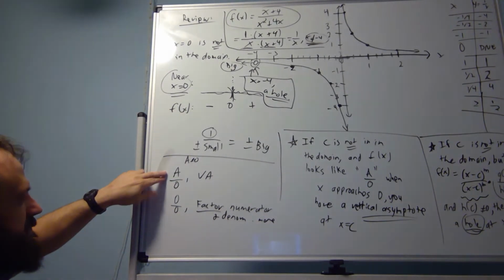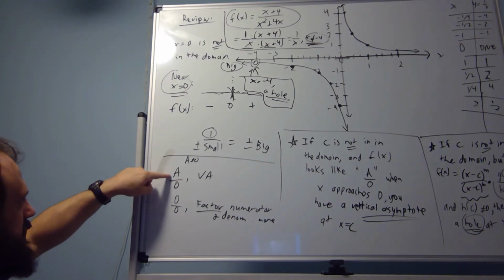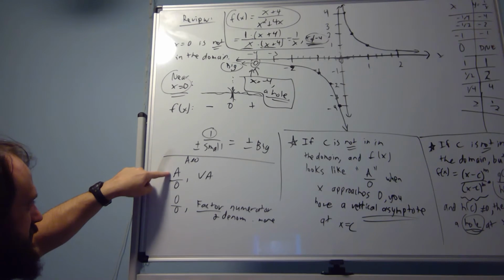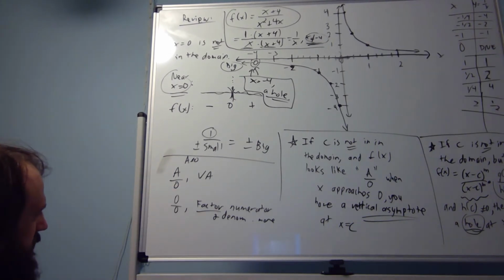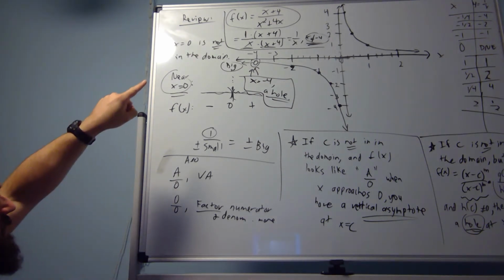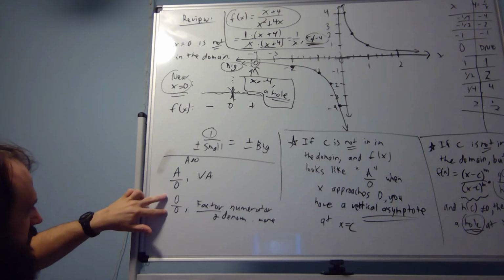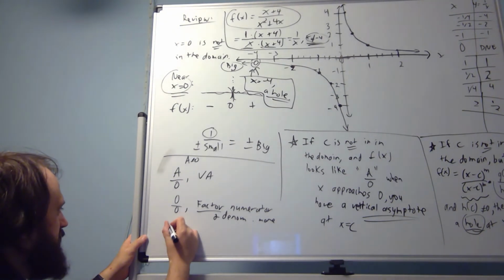So if you have 1 over x, and you approach x equals 0, the numerator approaches 1, the denominator approaches 0, that's a vertical asymptote. If you have 0 over 0, because it looks like x equals negative 4, then you keep factoring the numerator and the denominator.